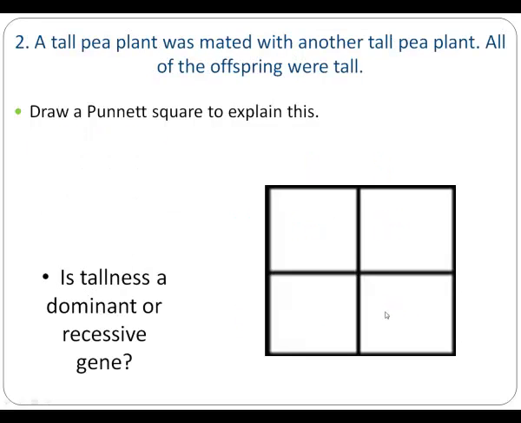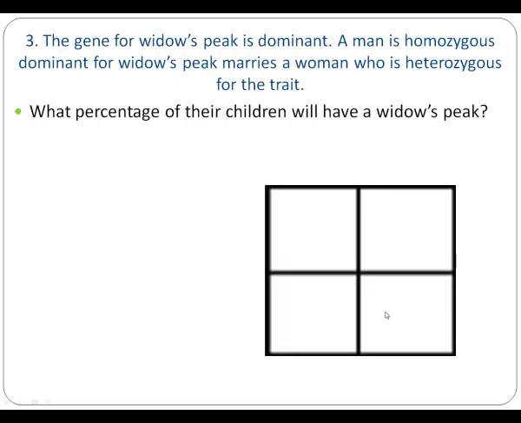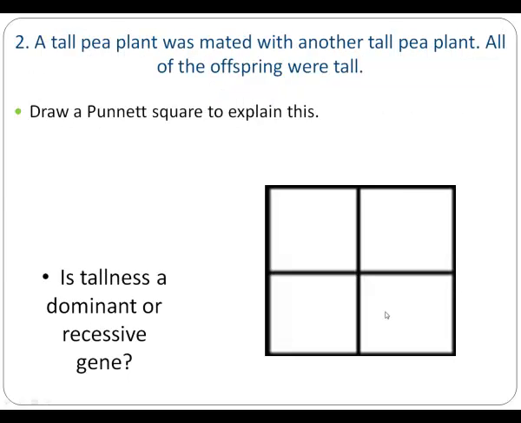A tall pea plant is mated with another tall pea plant. All of the offspring were tall. So, in order to make every single offspring tall, one of the parents has to be homozygous dominant. You inherit one allele from each parent.